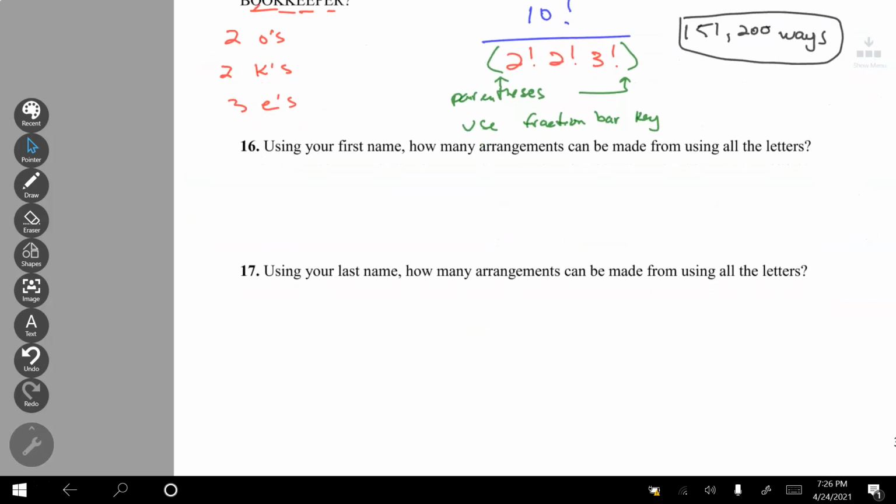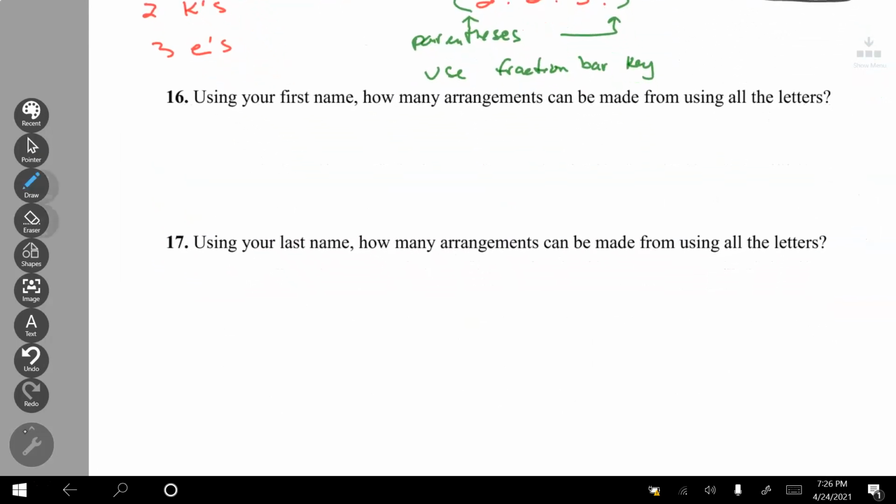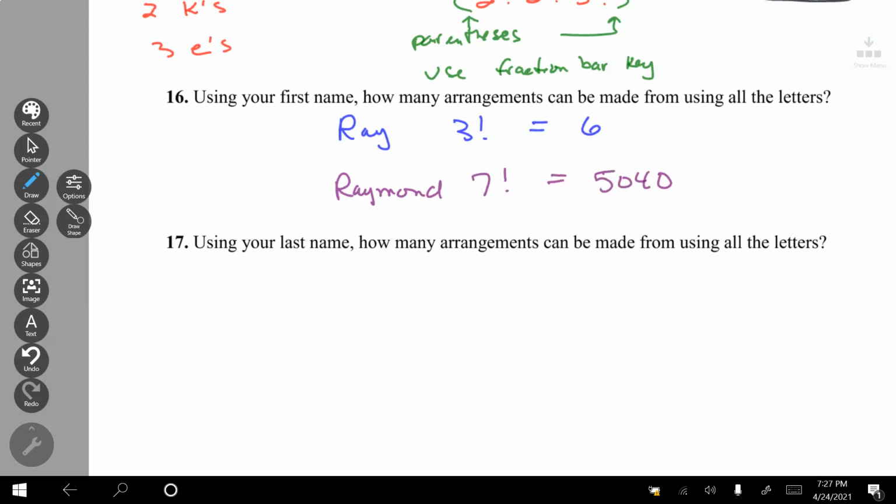So let's do our names. If I do my name, which I go by Ray, I'm going to get 3 factorial, which is 6 ways I could do it. If I use Raymond, which I don't really use, I have 7 factorial, no repeats, 5,040 ways I can do it.